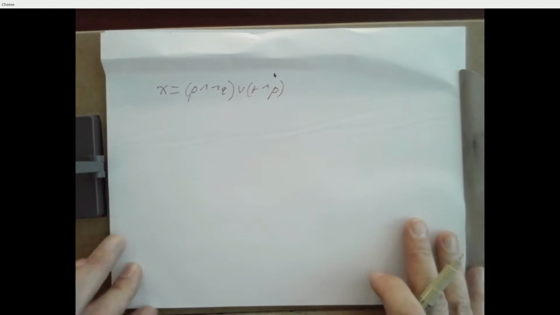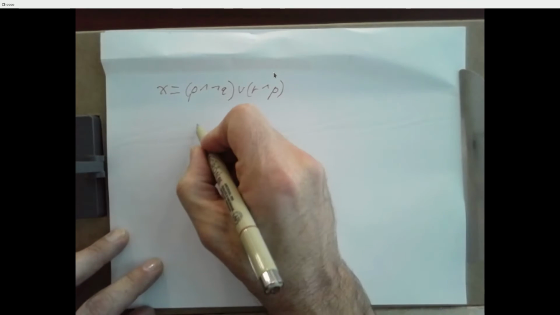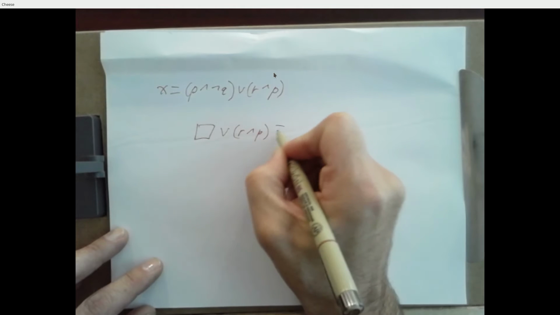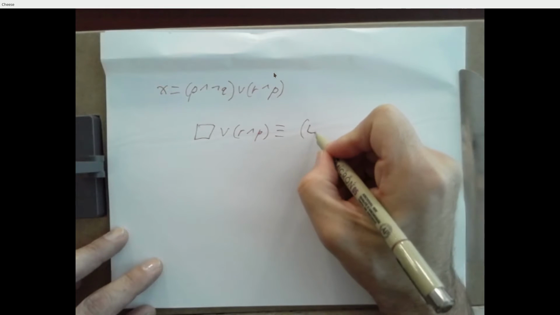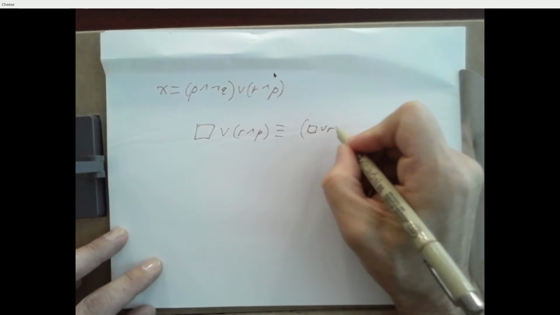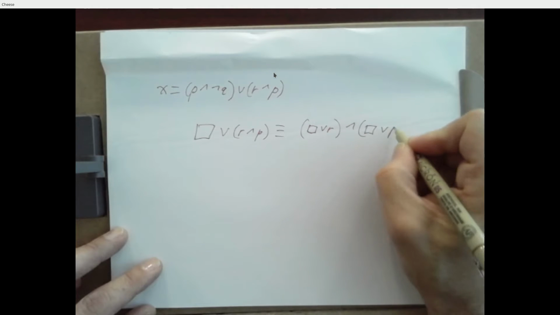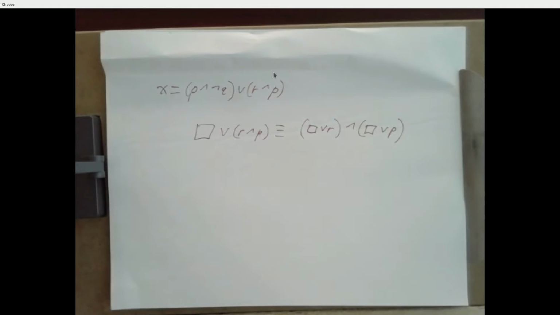Distribution, right? We know that something ORed with R and P is equivalent to something ORed with R, and the same something ORed with P. So we can distribute this OR inside.